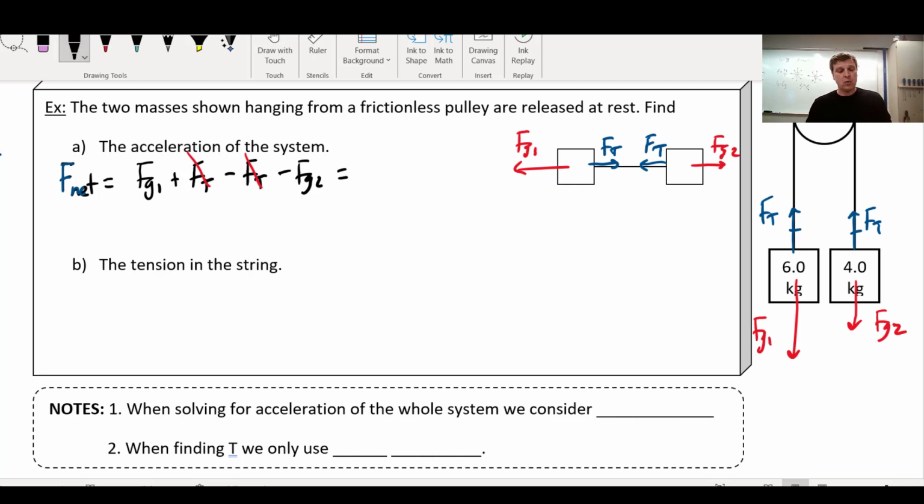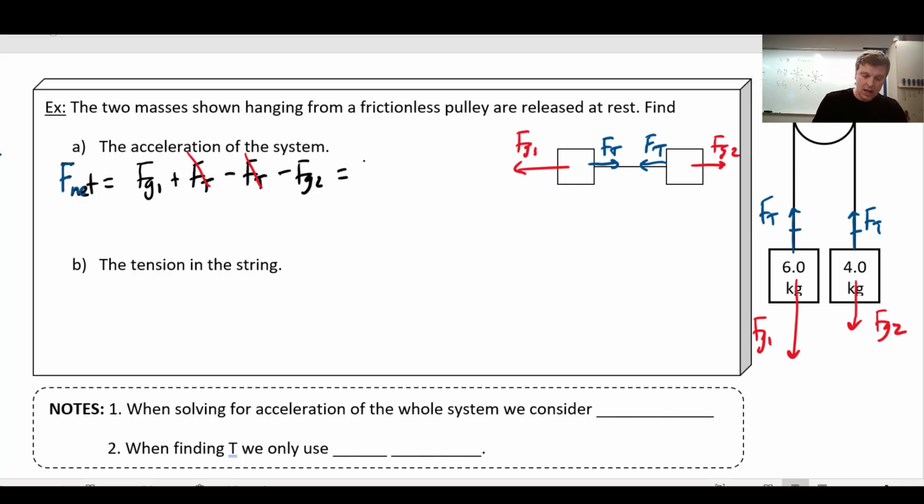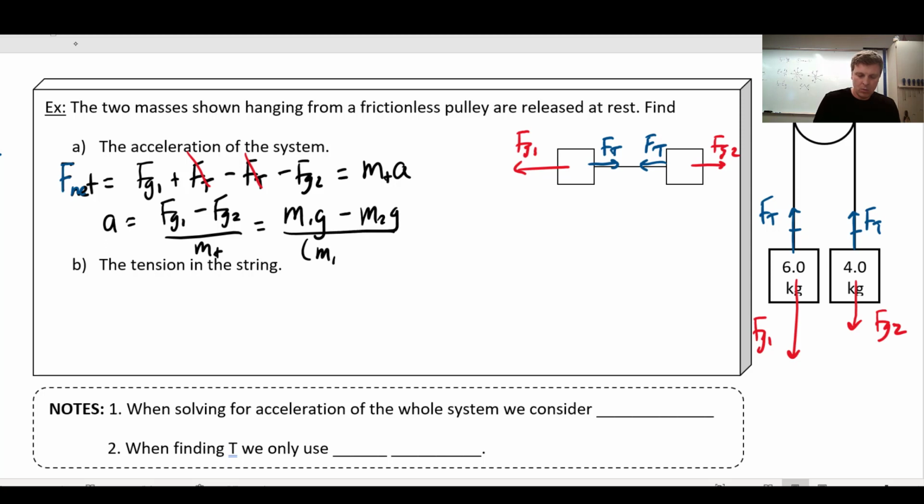So I've got FG1 minus FG2 equals MA, but since I'm looking at the whole system, all of the masses, then this is the total mass. So solving for the acceleration is going to equal FG1 minus FG2 divided by the total mass, which is m1g minus m2g divided by m1 plus m2. And I guess you could collect like terms there if you wanted to, if you want to be fancy.